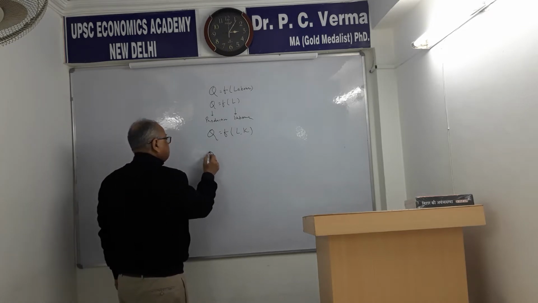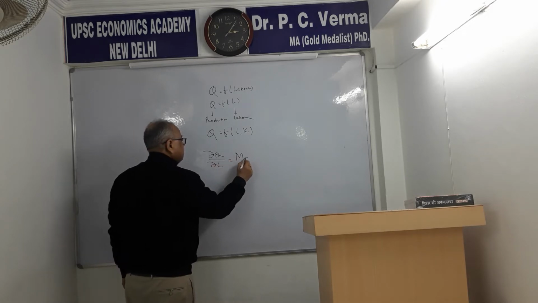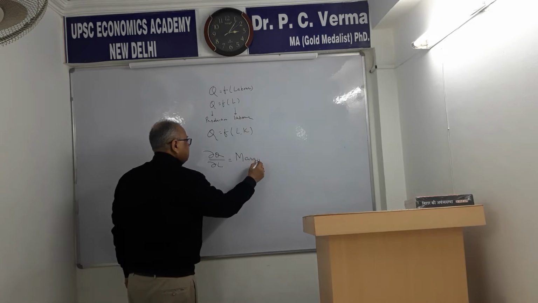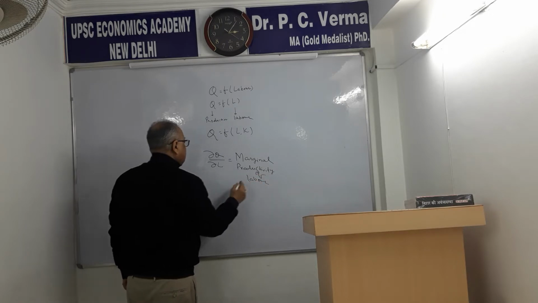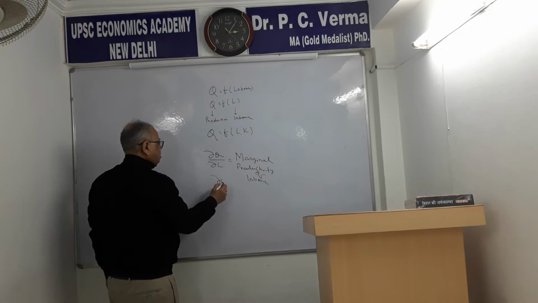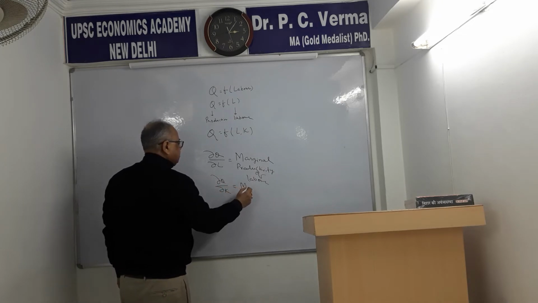So, this del Q by del L is known as marginal productivity of labor. And del Q by del K is marginal productivity of capital.